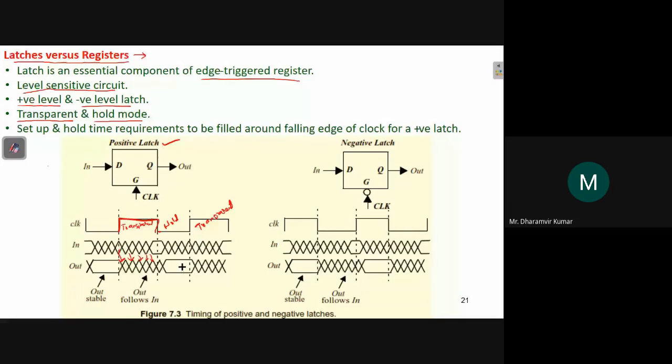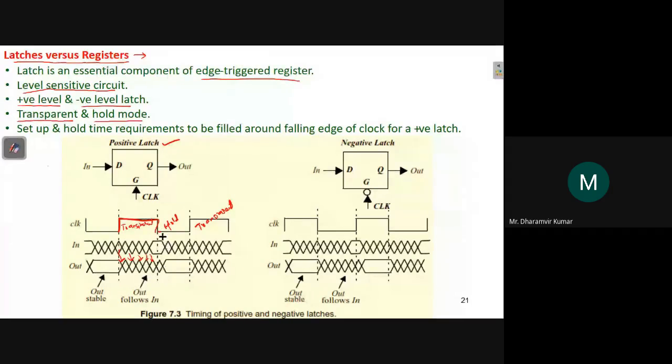And when it is in hold mode, that is when clock signal is 0, what happens here? It should hold the last content that it held during transparent mode.